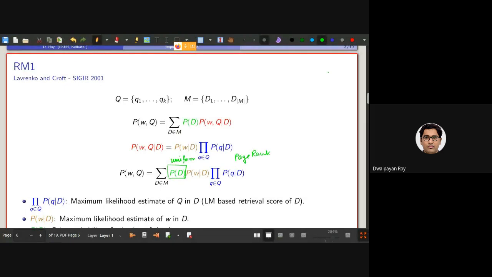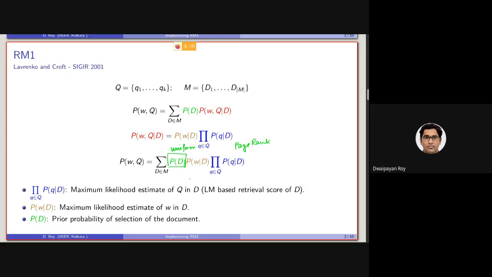This portion, the probability of W given D, is approximated using MLE, and this is also the MLE estimation of the query in the document. So it is roughly the language model based similarity score as well.